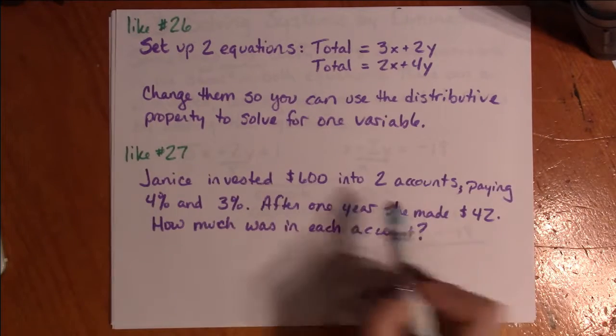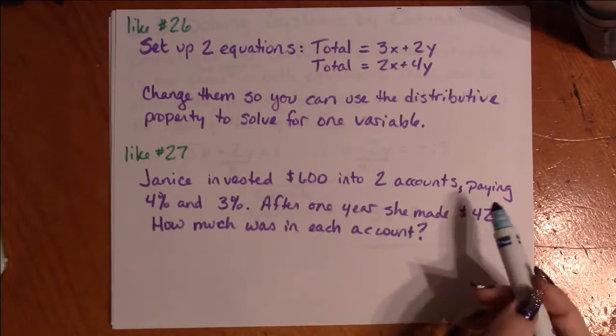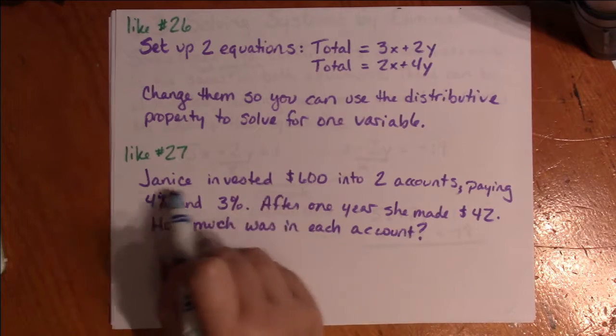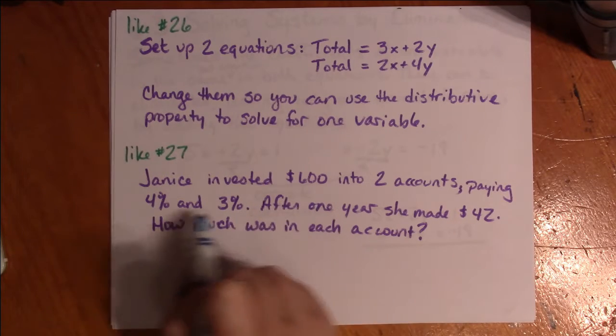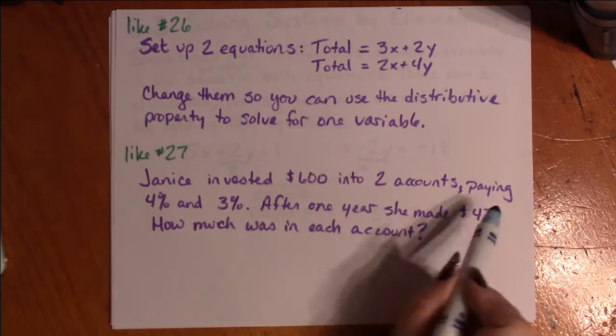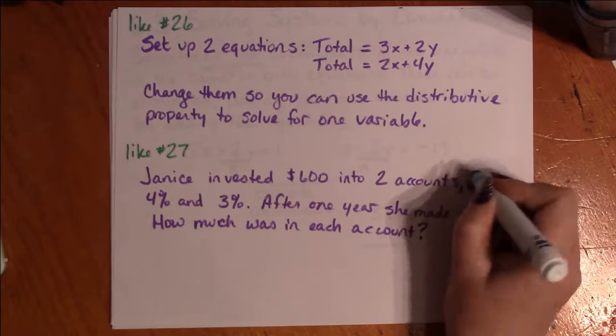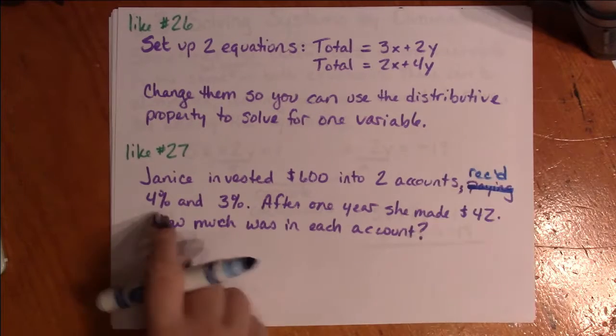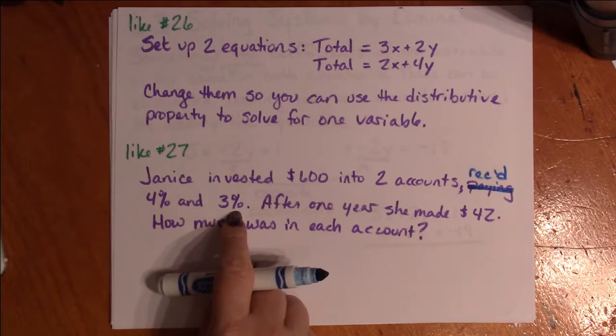Problem 27 talks about investing in two accounts. So Janice invested $600. She received 4% in one account and 3% in the other account.